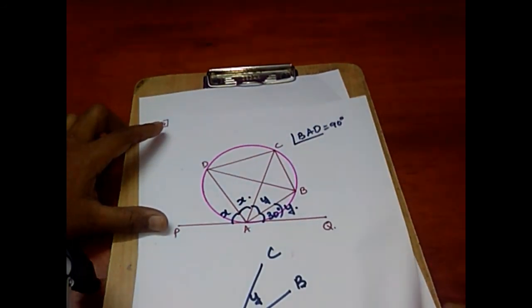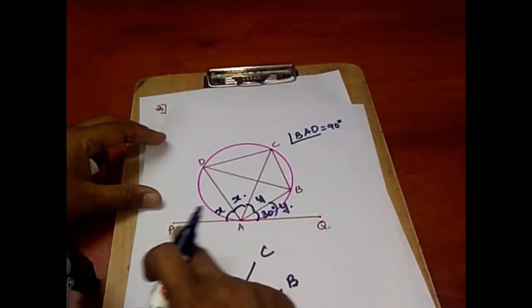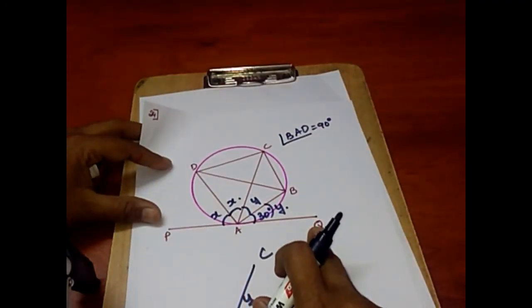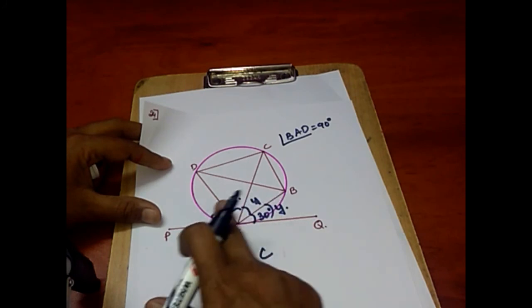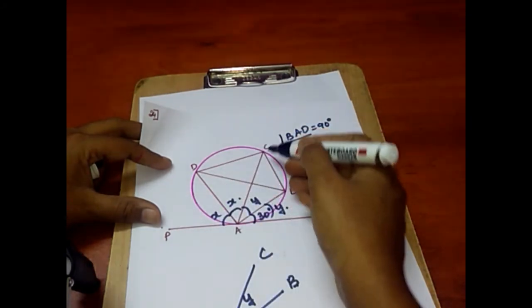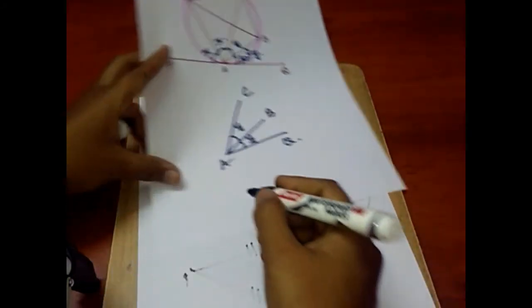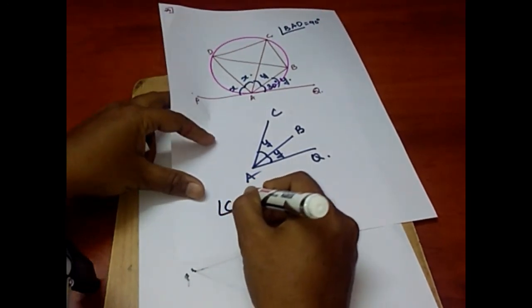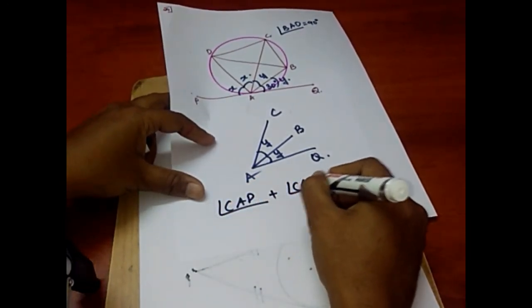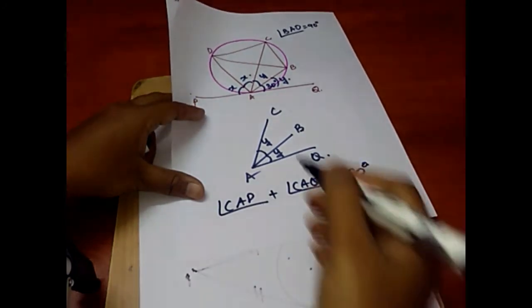Now you can find, children, very carefully, that PAQ is the straight line. Here you can have a linear pair, that is angle CAP plus angle CAQ is equal to 180 degree. Linear pair.